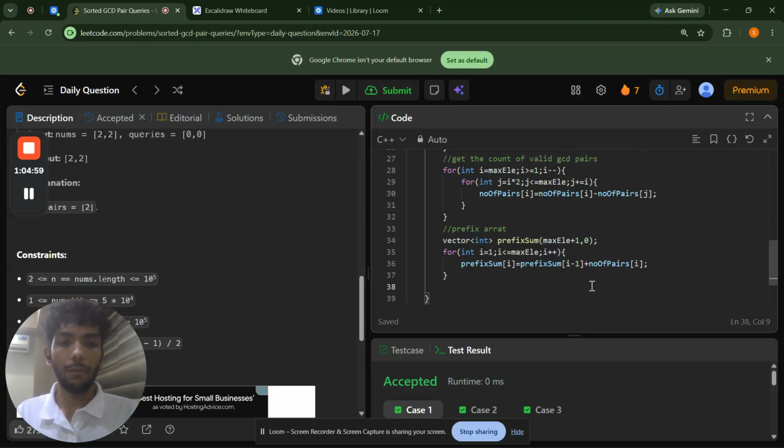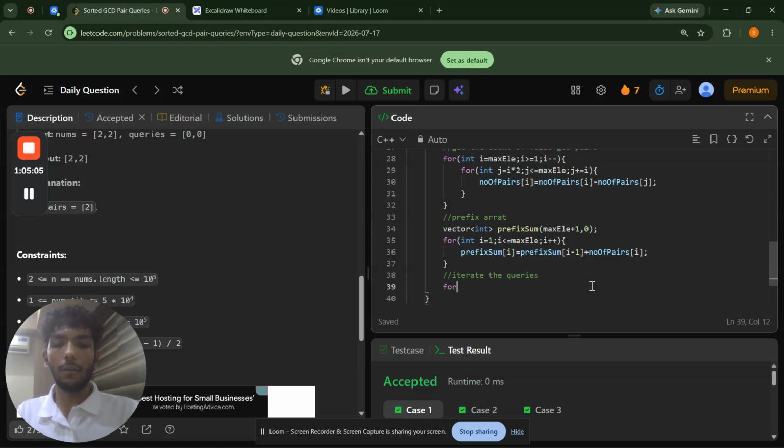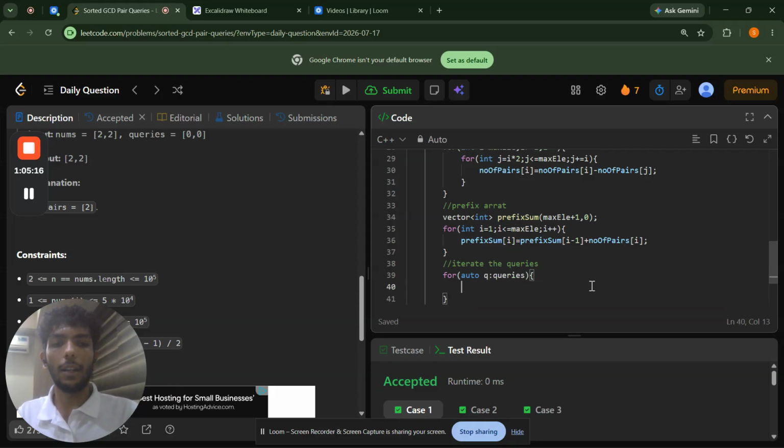Now we have found that, so we will iterate the queries with a for-each loop once again. We can use a for loop like int i equals 0, but you should try this as well because we get the direct element itself. We do not need to do nums of i.